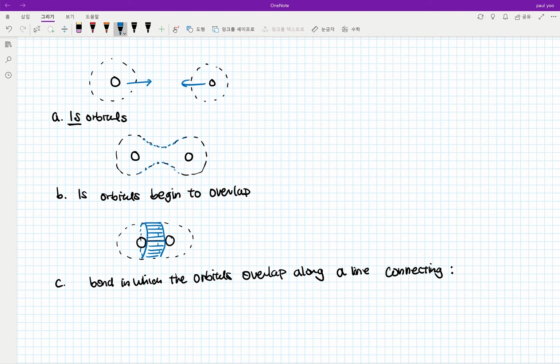By the way, the distance between the two nuclei is approximately 74 picometers, and the new region where the electron density is the greatest, we call the sigma bond.